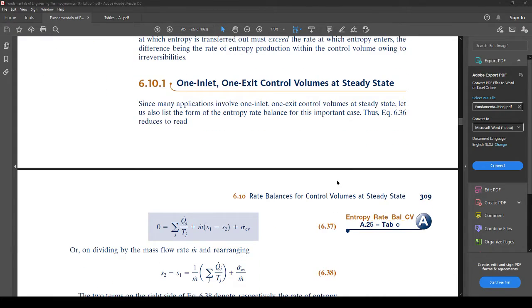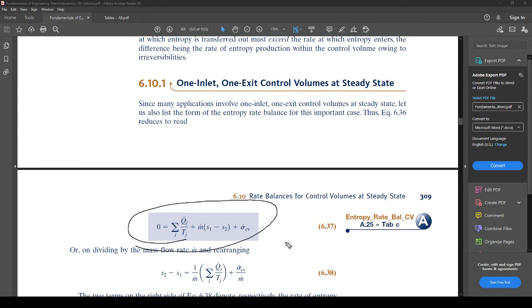So then it says 1 inlet, 1 exit control volumes at steady state. So this right here is what we will be doing mostly. So it says, since many applications involve 1 inlet, 1 exit control volumes at steady state, let us also list the form of the entropy rate balance for this case, which is you reduce the previous equation to end up here.